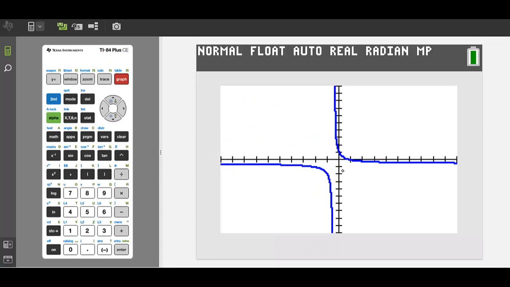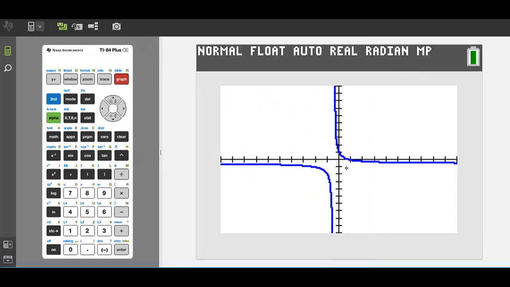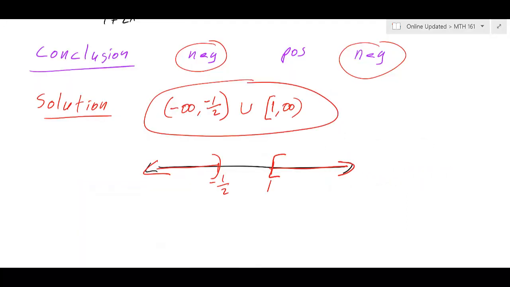So the graph then from 1 to infinity is below the x-axis. So this graph also verifies that our solution is correct.